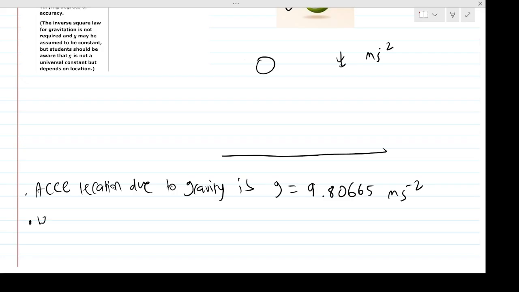So in this course in particular, if you're not told what value of g, this gravity acceleration number, to use, we say that g is by default 9.8, so we use it to one decimal place.